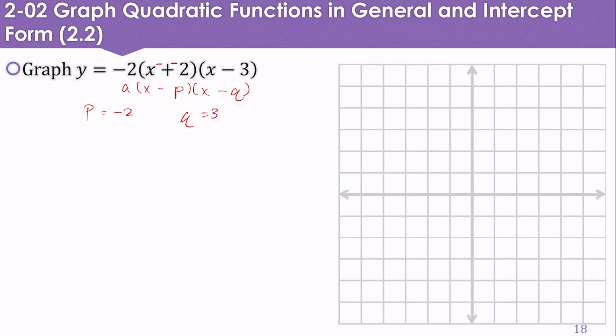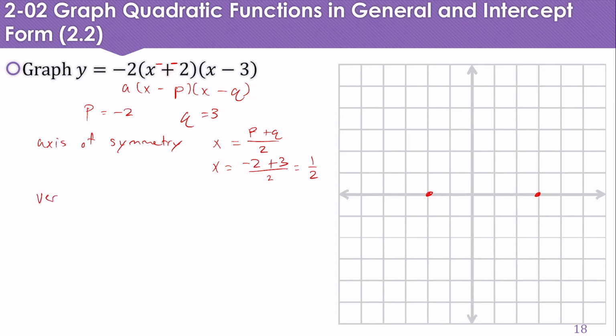So those are our x-intercepts, -2 and 3. The axis of symmetry is halfway in between, so we're going to add those together. Divide by 2, so it'll be -2 plus 3 over 2, which is 1/2. So our axis of symmetry is at 1/2.